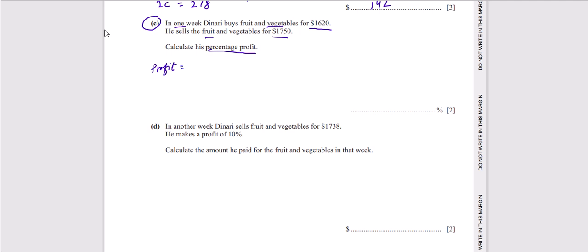Profit is equal to selling price minus cost price. So 1750 minus CP, that is cost price. Cost price is equal to 1620.